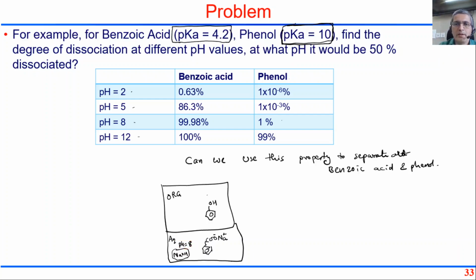Now, mind you, we have to keep in mind that these are not strong acids, these are weak acids.